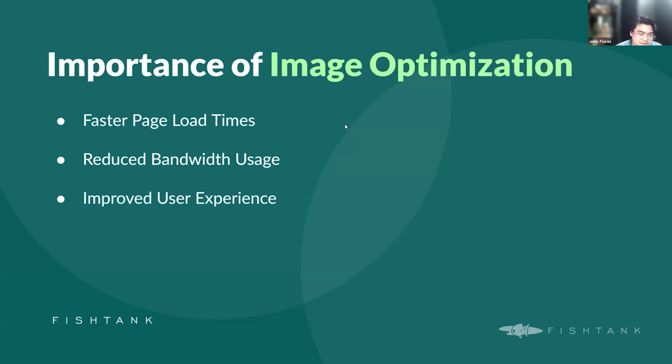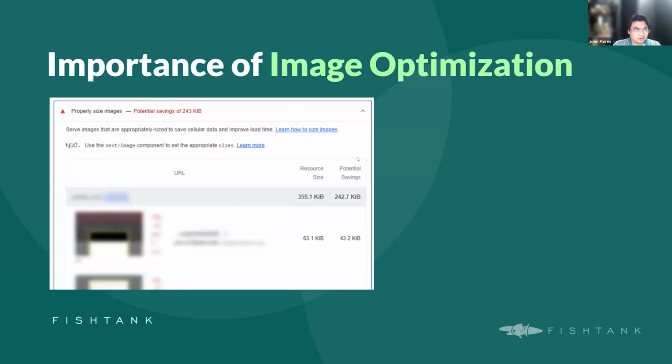Basically, the smaller the size, the better the reduction, the faster it is. And we all want all the images to still look good, but maybe be less in size. One way of looking at that is you can use Lighthouse in the inspect tool in Chrome.